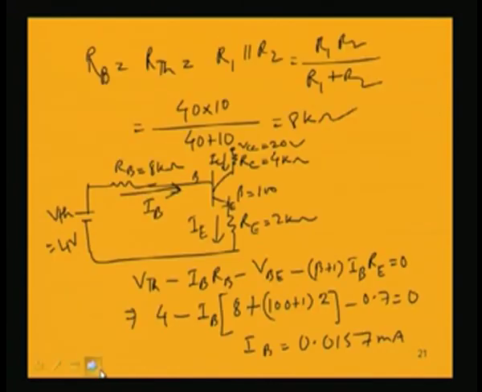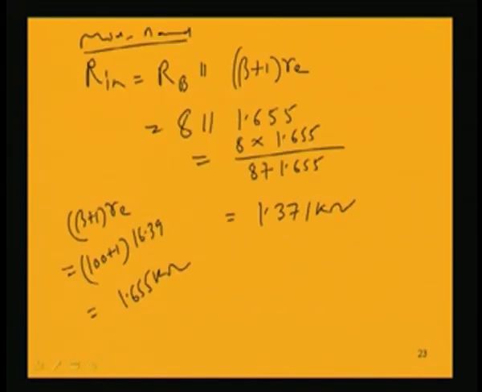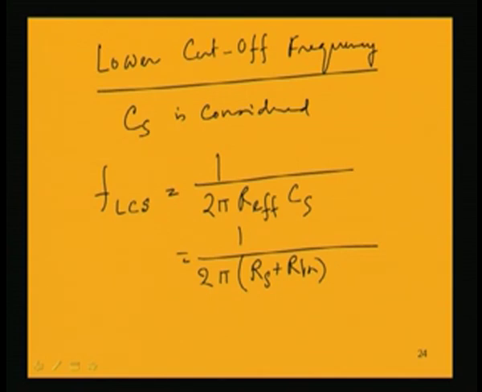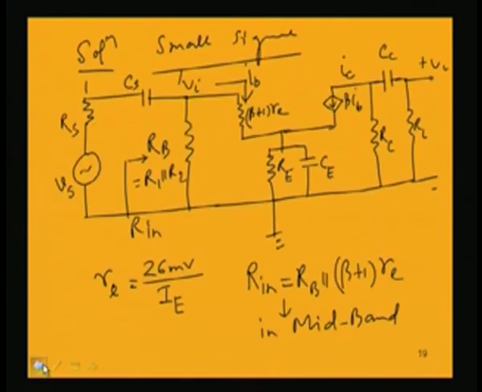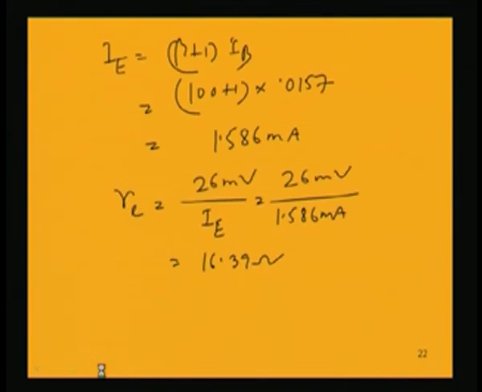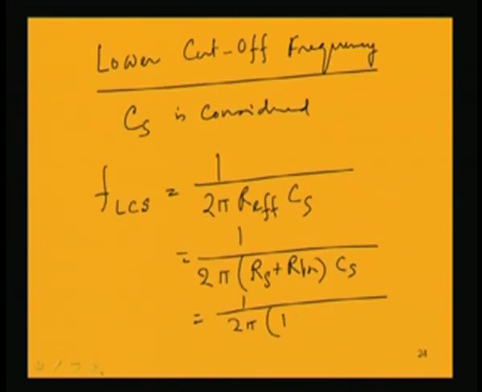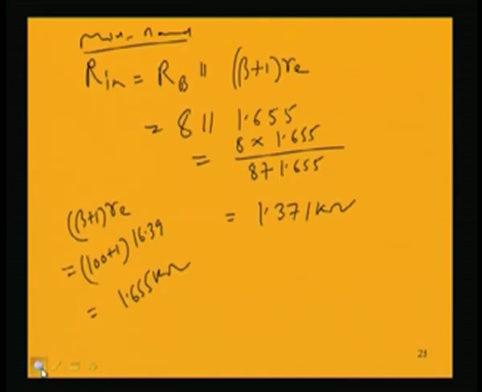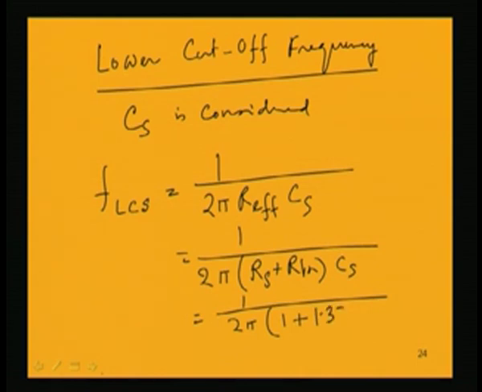So, the effective resistance is that much, and so we replace here by (Rs plus Rin) into CS, and that is equal to 1 by 2 pi. Rs is given as 1 K in this circuit. Rin we have found to be equal to 1.371, and be careful about the units, these are in kilo ohms, so let us multiply by 10 to the power 3.